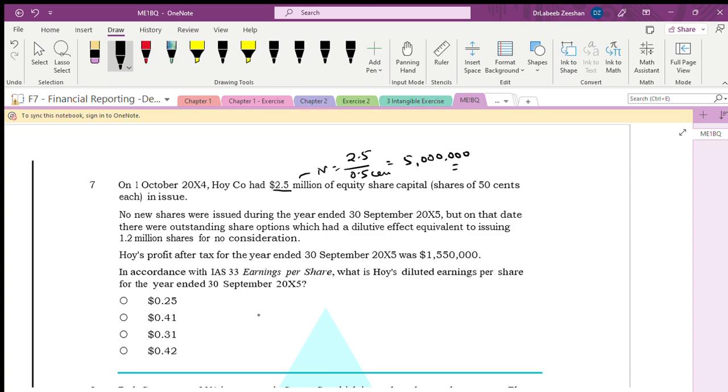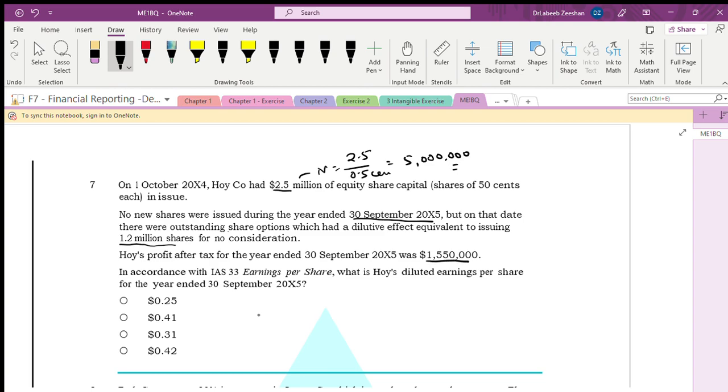No new shares were issued during the year ended 2005. But on that day there was an outstanding share option which, if exercised, would dilute by the issuing of 1.2 million shares. Now, the profit after tax is 1,555.